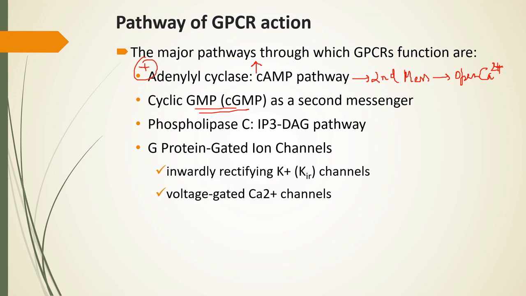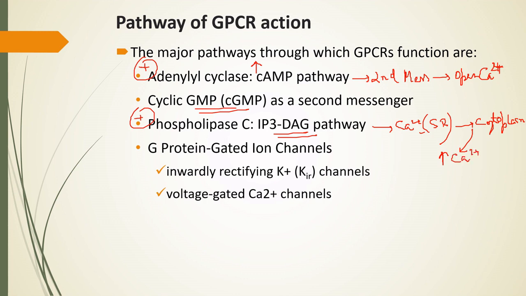Another pathway is activation of phospholipase C. Once phospholipase C is activated, the IP3-DAG pathway will be activated. This IP3-DAG pathway will act as the second messenger. And finally it is going to release the calcium from the sarcoplasmic reticulum. This calcium will be released into the cytoplasm, and there will be increased intracytoplasmic calcium.